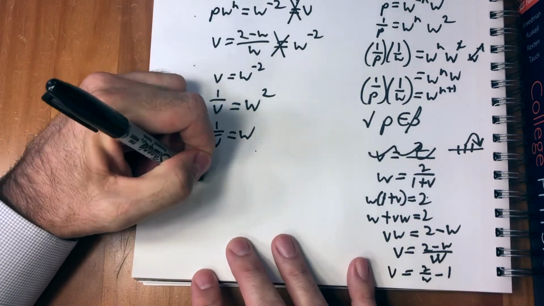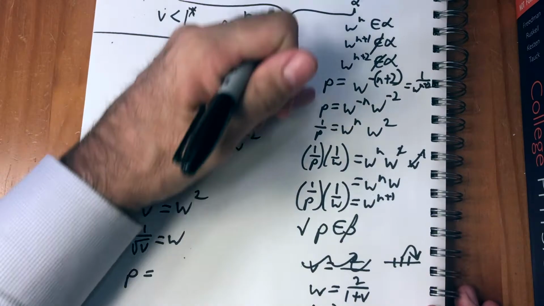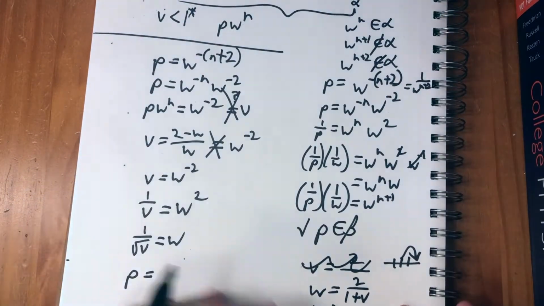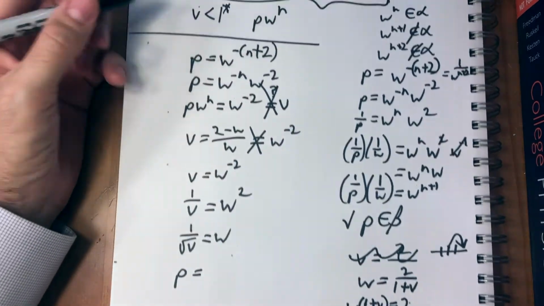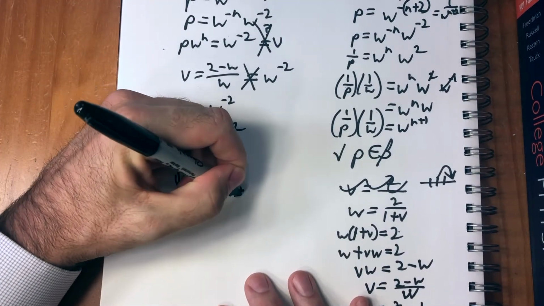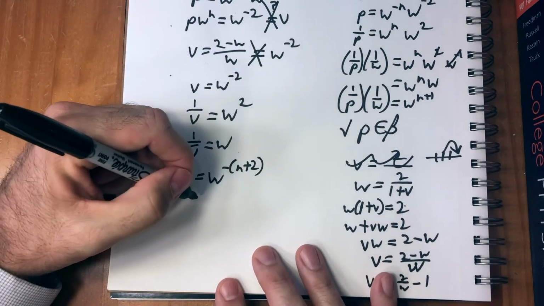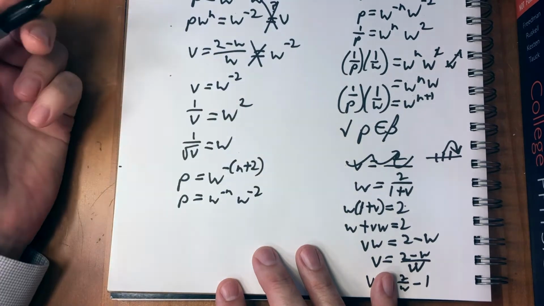And if we let that happen, then we do in fact get the answer that we want. Because everything else is the same. Nothing else here is a problem. Everything works, and the answer that we want falls out. We have p equals w to the minus n plus 2. So p equals w to the minus n, w to the minus 2.